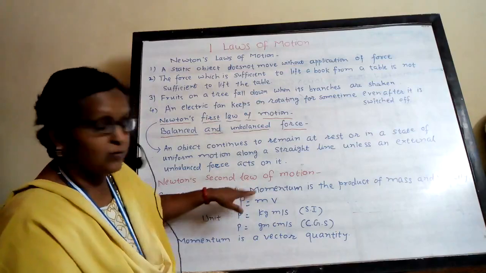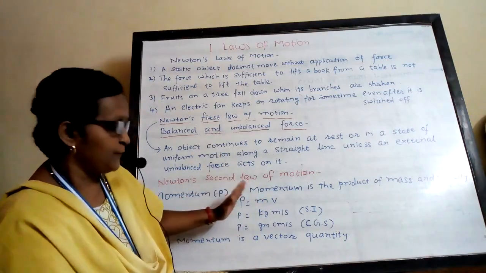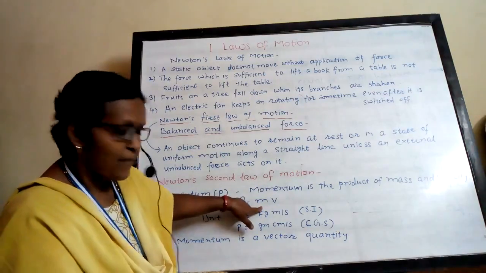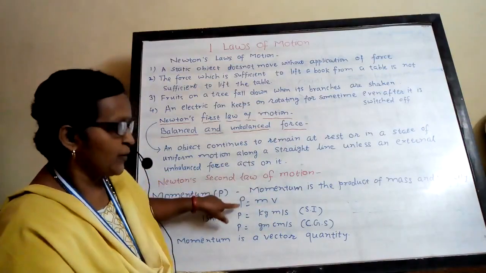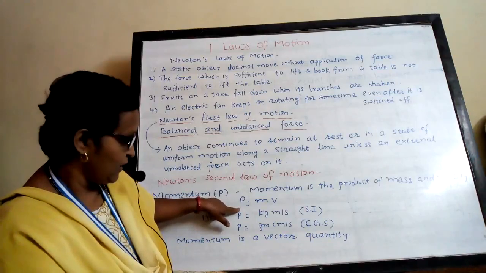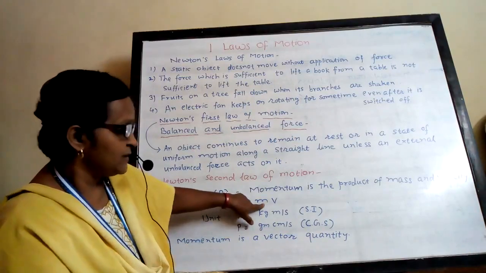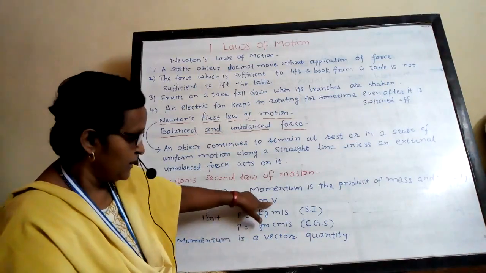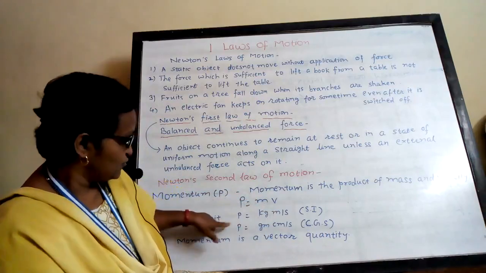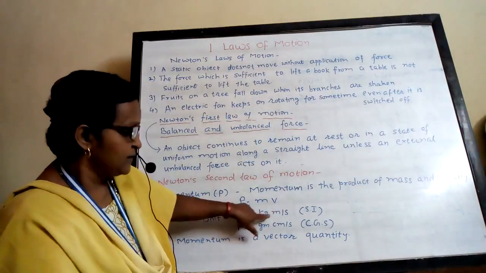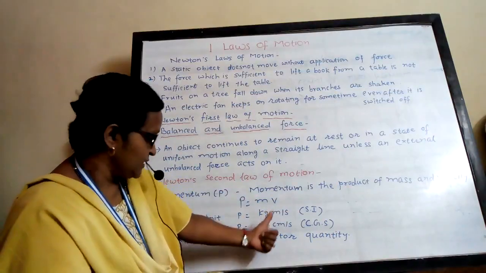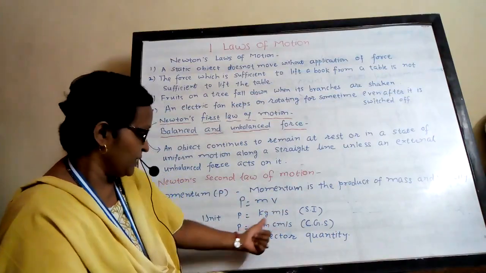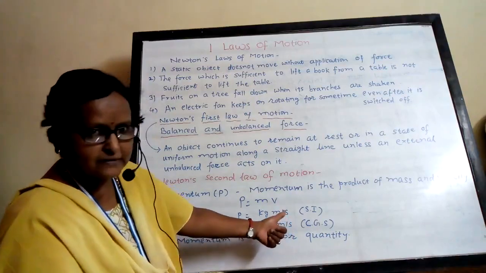So the effect of the force applied depends on the mass as well as the velocity. Mass is measured in kilograms and velocity in meters per second. So the SI unit of momentum is kilogram meter per second, and the CGS unit for momentum is gram centimeter per second.